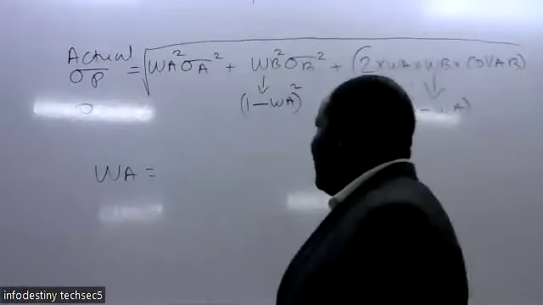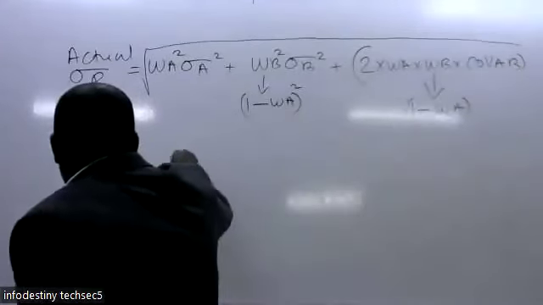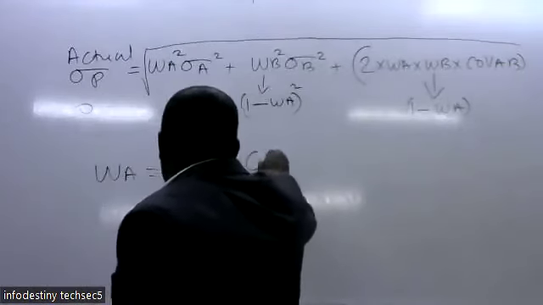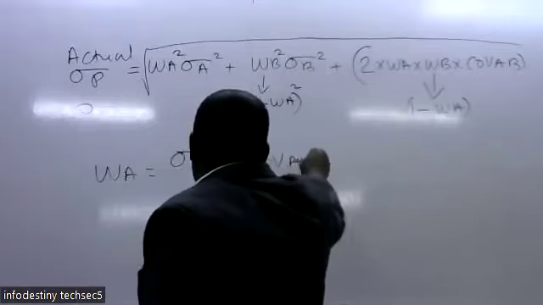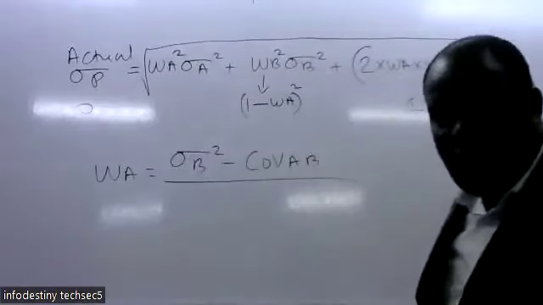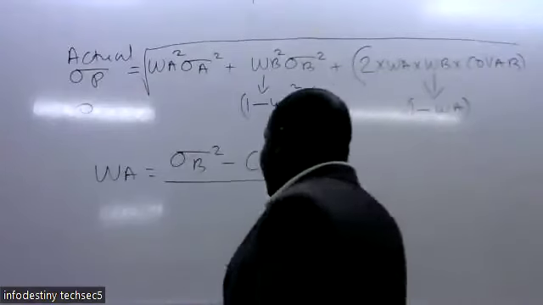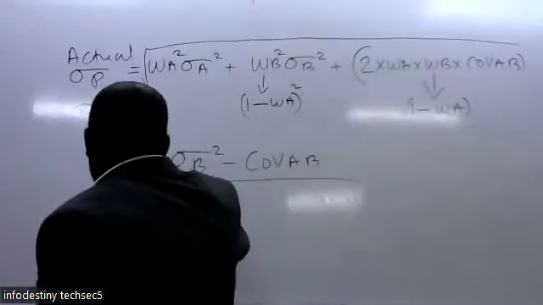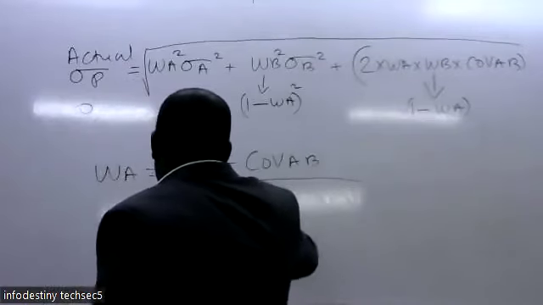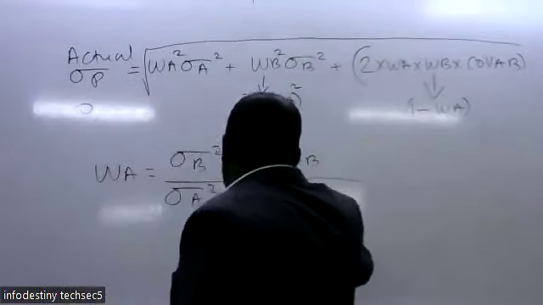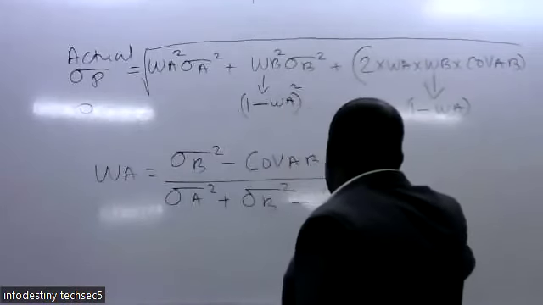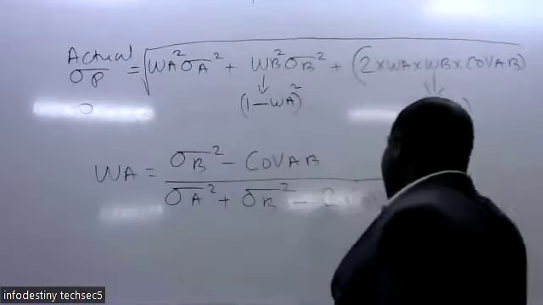So it will be given by the variance of B, we subtract the covariance between A and B, then we divide by the variance of A, you also add the variance of B, then you minus 2 covariance between A and B.